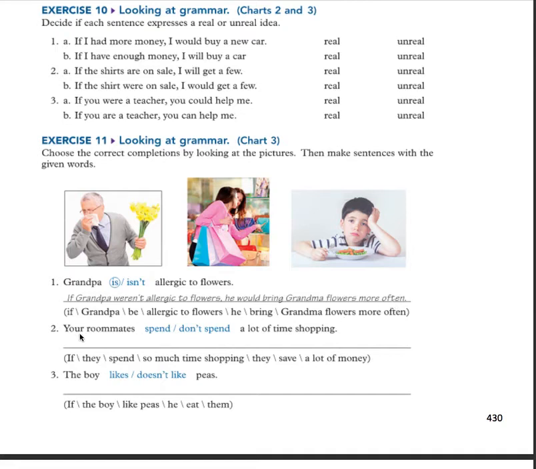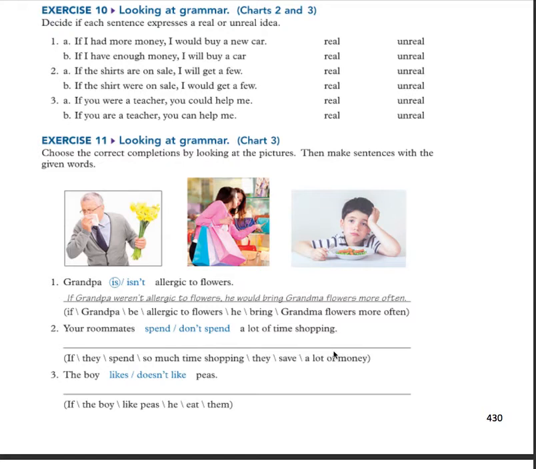Let's do number 2. Your roommates blank a lot of time shopping. So here, look at all those shopping bags. So your roommates spend or don't spend a lot of time shopping? It's going to be spend. So here, contrary to fact, if they did not spend so much time shopping, they would save a lot of money.